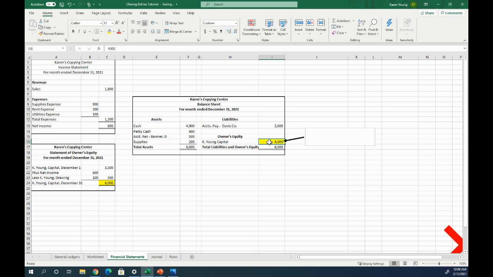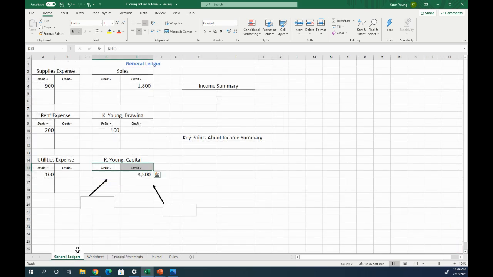What I mean by that is my financial statements show capital to be $4,000, but my books, my general ledger, still shows the old amount of $3,500. That is not acceptable. You cannot have a financial statement saying one thing and your general ledger saying something else. There's a discrepancy there. And we can't just go in here and make the change to $4,000.